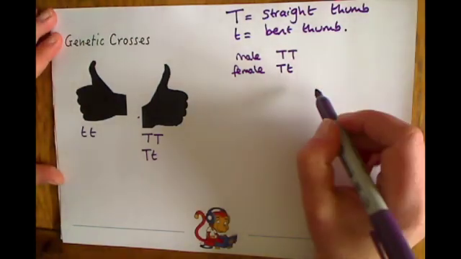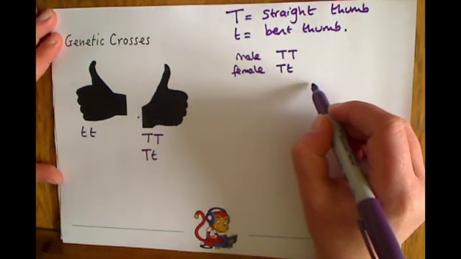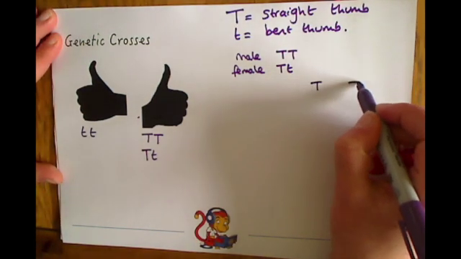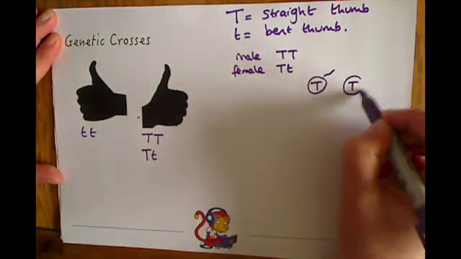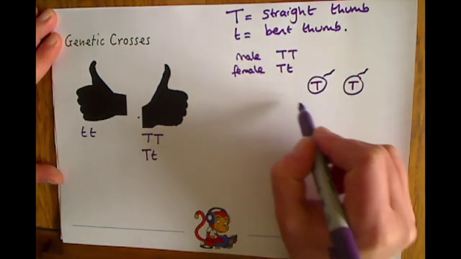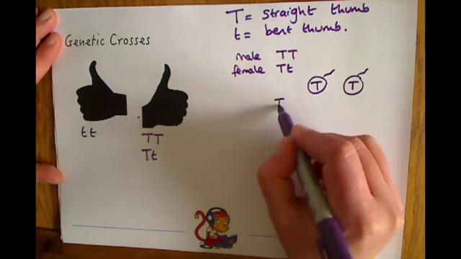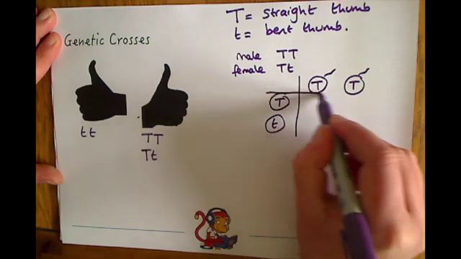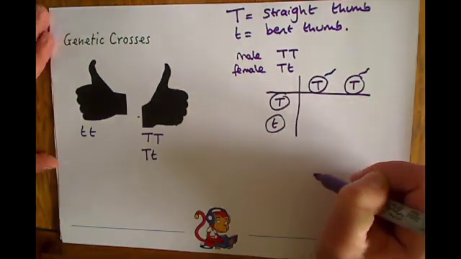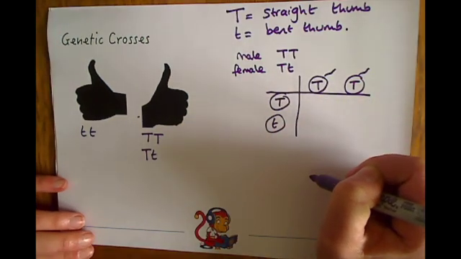So when we do that, we take the male, and you can think about this as the sperm here with that particular allele, and then we'd have the female eggs, either capital T or little t, and you would cross those together and see what alleles you would find in the offspring.